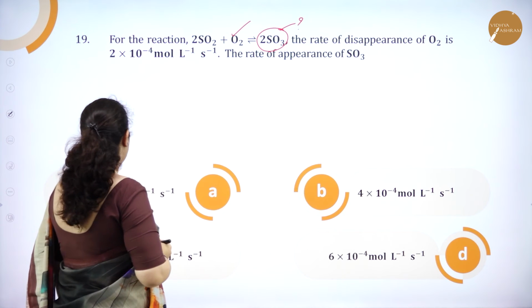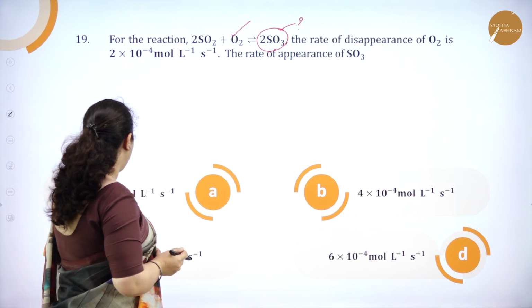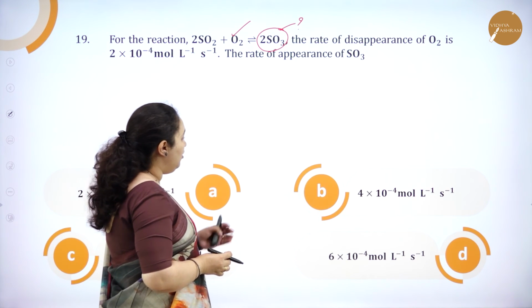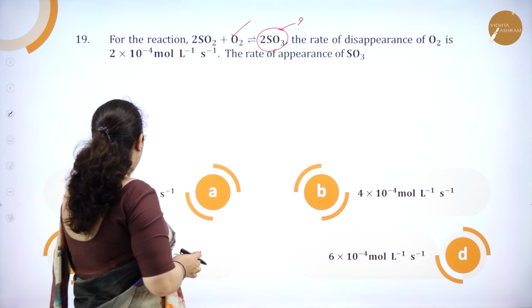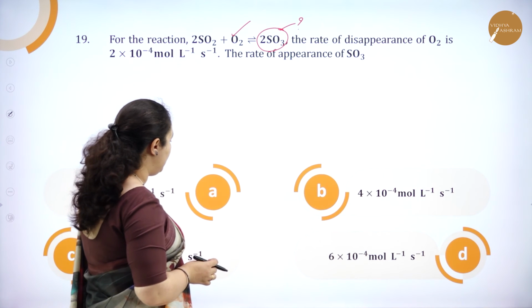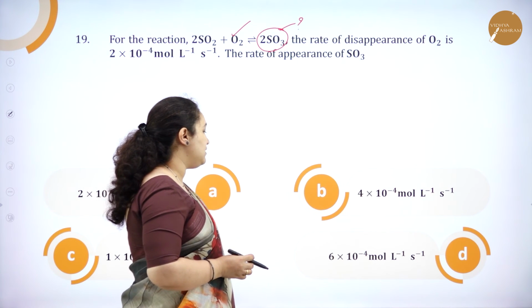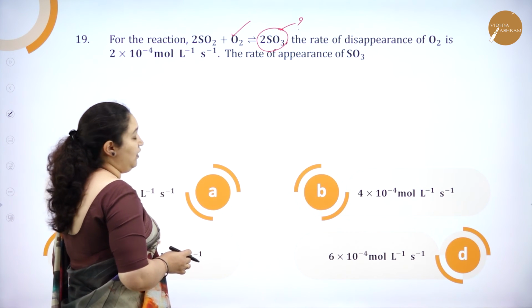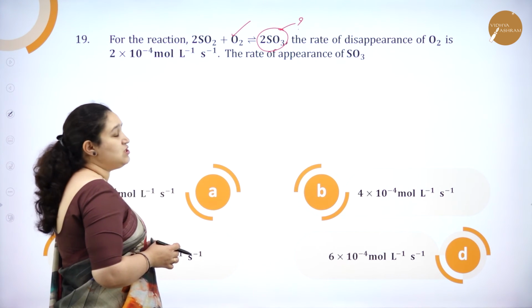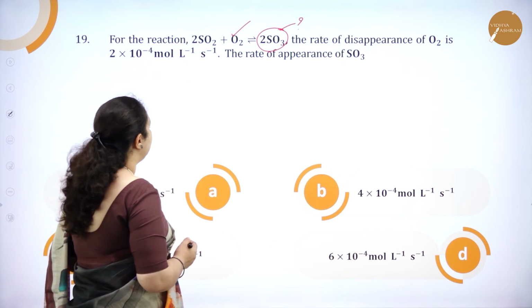The options are 2 × 10^-4 mole per liter per second, 4 × 10^-4 mole per liter per second, 1 × 10^-1 mole per liter per second, 6 × 10^-4 mole per liter per second. So, you are not getting any other hints here. You have to just solve and you will get the answer.